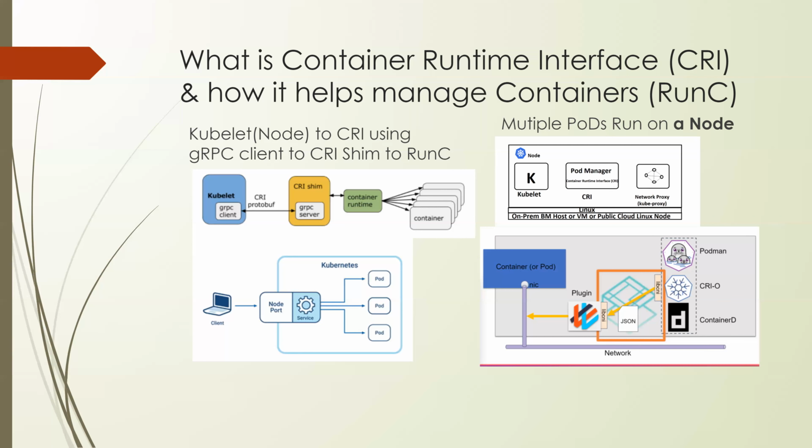The CRI shim is one of these, either Podman or CRI-O or containerd. All of them wrap up the container runtime using gRPC to run on them. So basically the gRPC server is nothing but a daemon, or a server as we call it. That's the one which runs the container runtime, and the container runtimes are provided by examples like these.